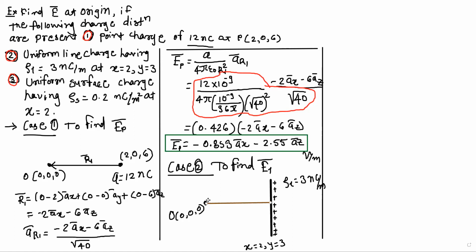Ensure that you are putting a perpendicular on that line. Let us say this vector is R2 bar.